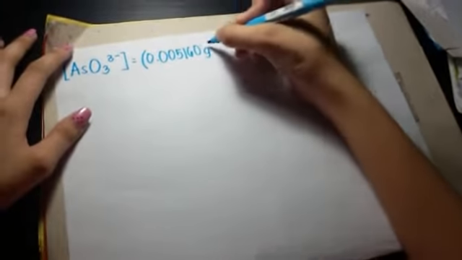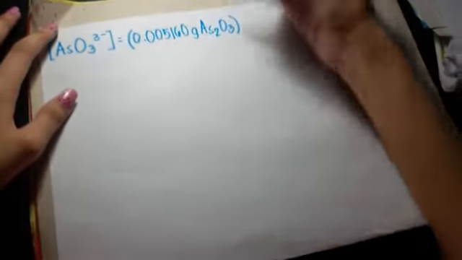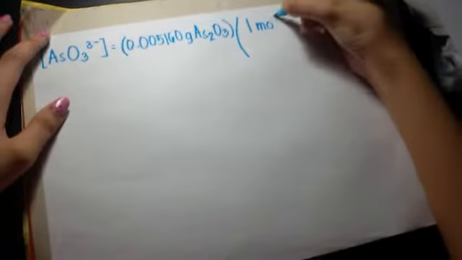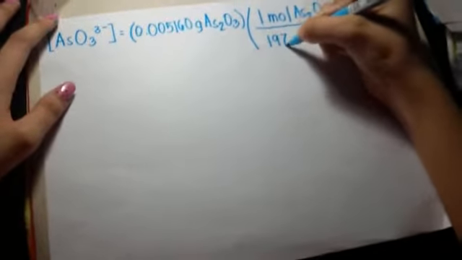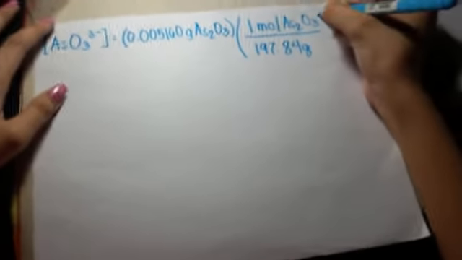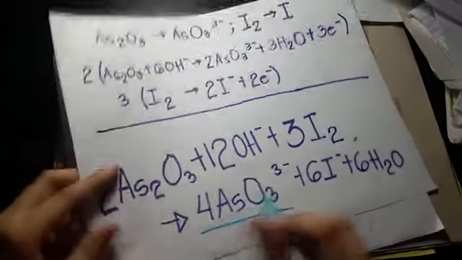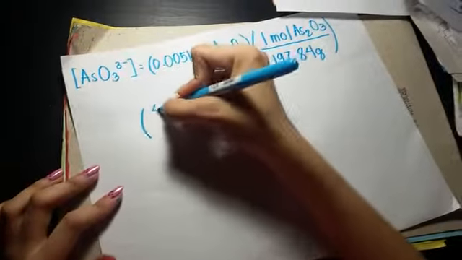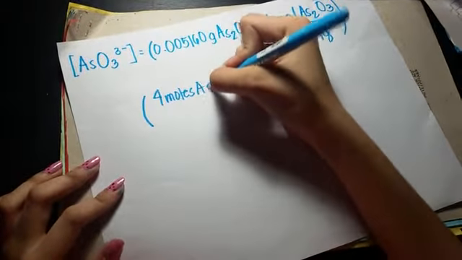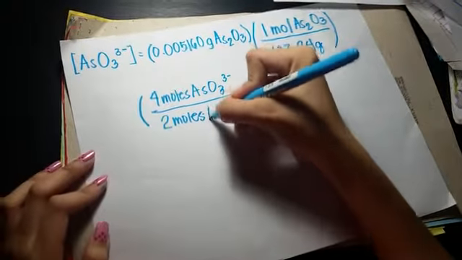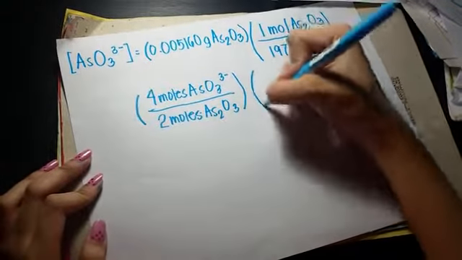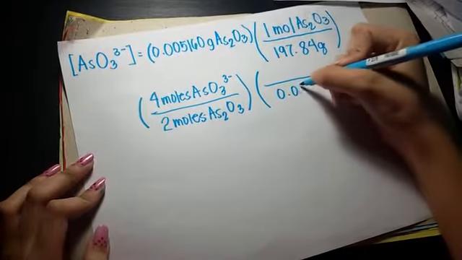So 0.05160 gram As2O3 times 1 mole As2O3 all over the formula weight of As2O3, which is 197.84 grams, times, as you can see here, it is 4 moles AsO3 3 minus and 2 moles As2O3, all over 0.001 liter.